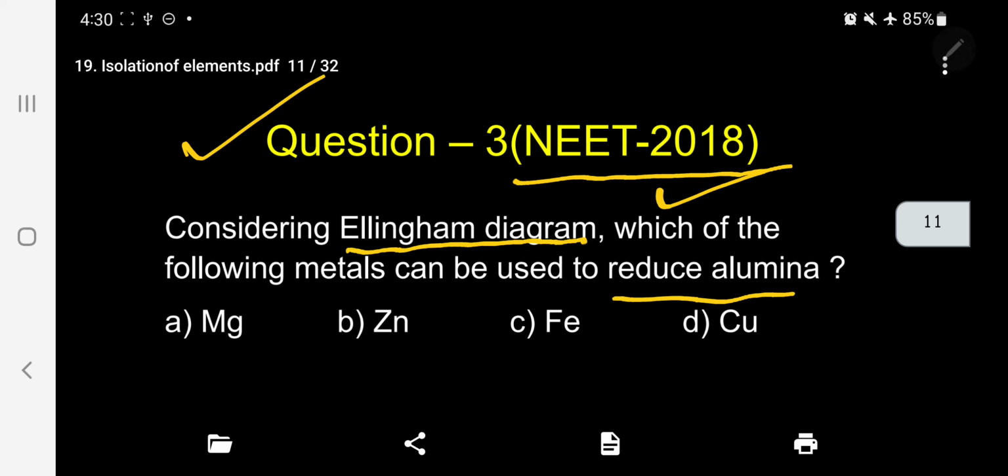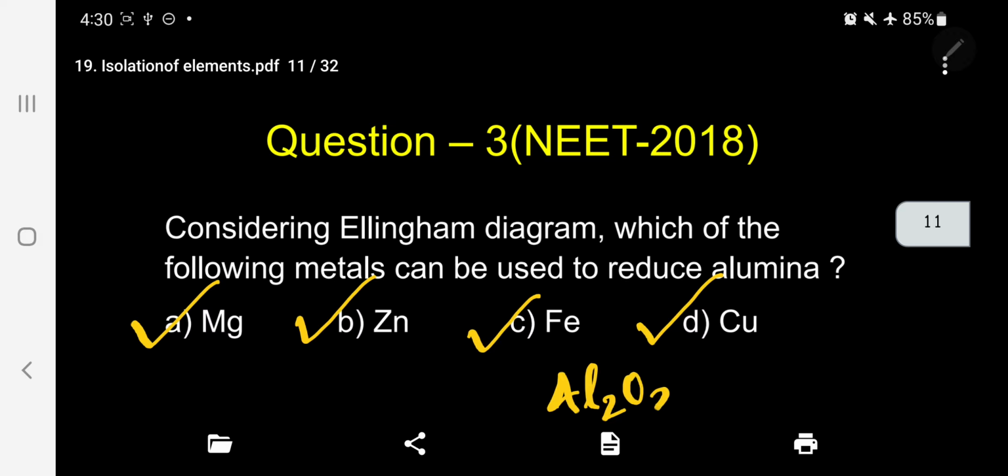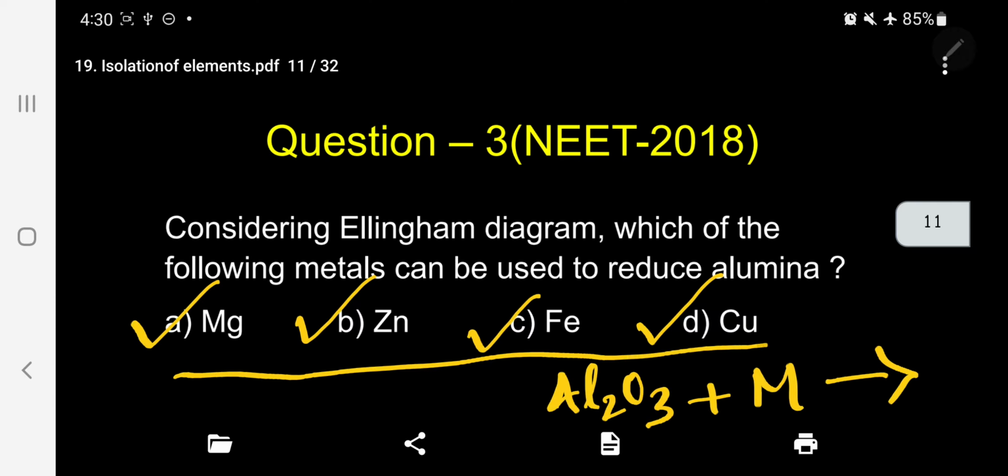So what is the basic theory background here? Options are A, magnesium; B, zinc; C, iron; D, copper. Here I will give one simple trick, kindly follow me. Suppose I take aluminum oxide and treat it with some metal M. There are 4 metals given.